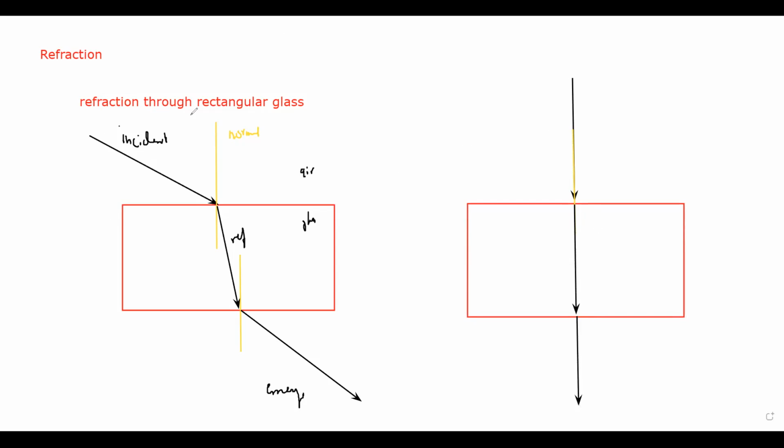This is refraction through a rectangular glass. Then there's also refraction through a semicircular glass.